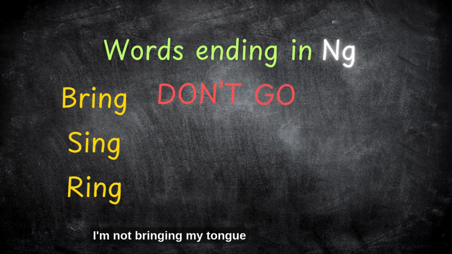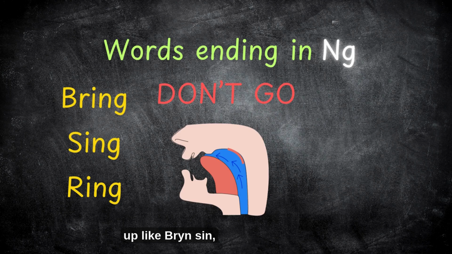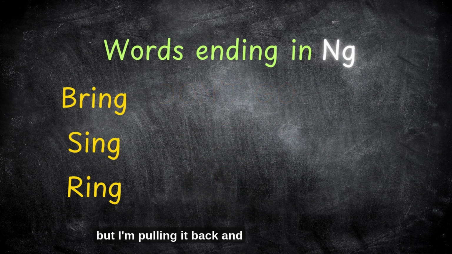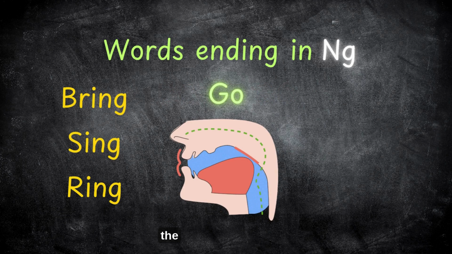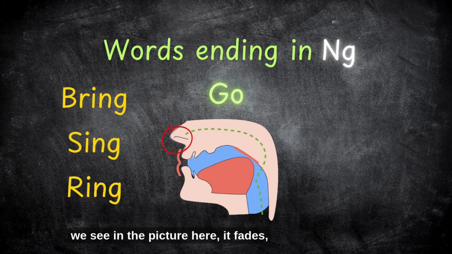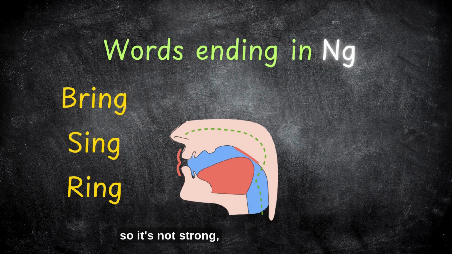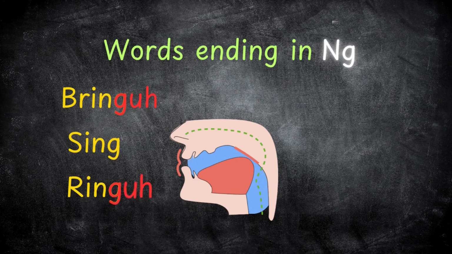I'm not bringing my tongue up like brin, sin, but I'm pulling it back, ing. The sound fades off. It gets redirected through my nose like we see in the picture here. It fades. So it's not strong like ring, bring, but fading and soft.